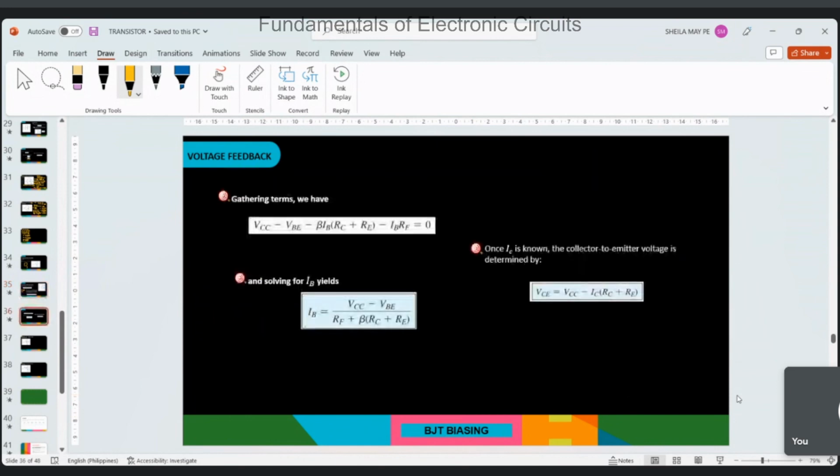Now gathering the terms, we have VCC minus VBE minus beta IB RC plus RE minus IB RF. Let's copy this.